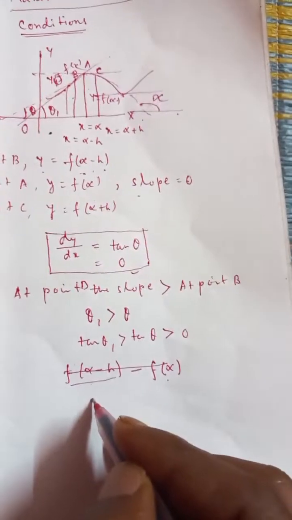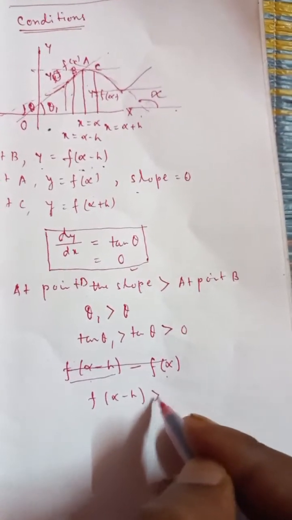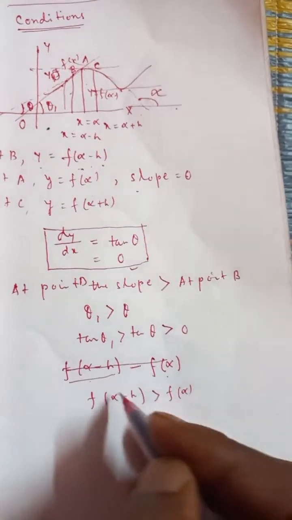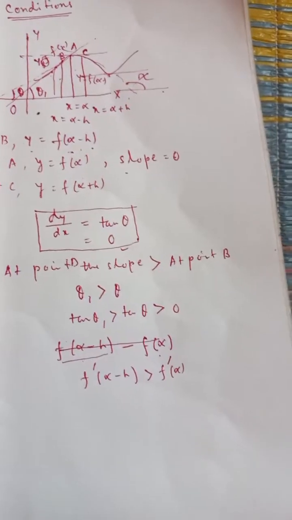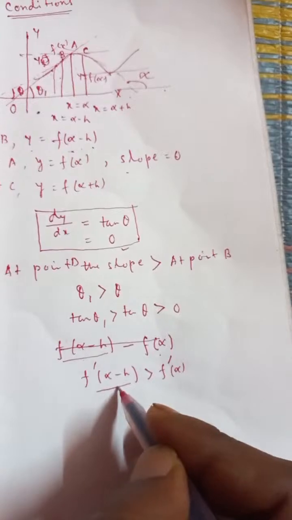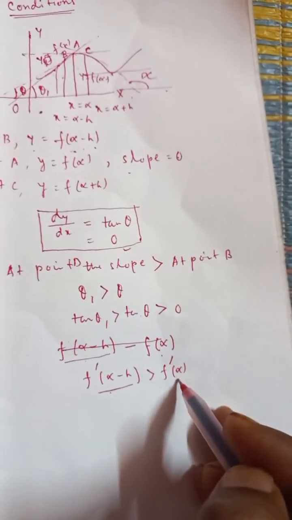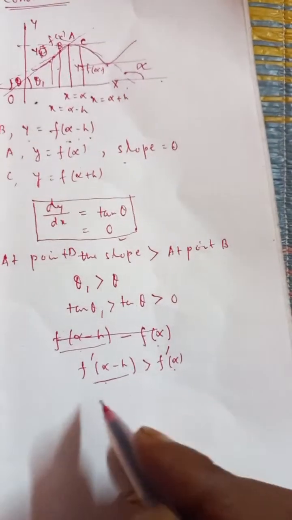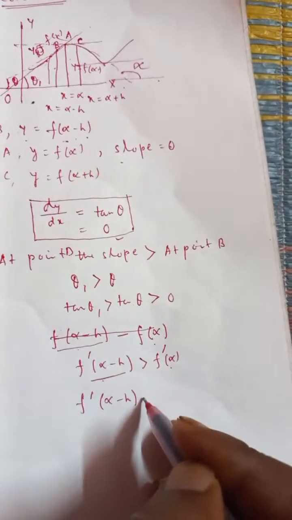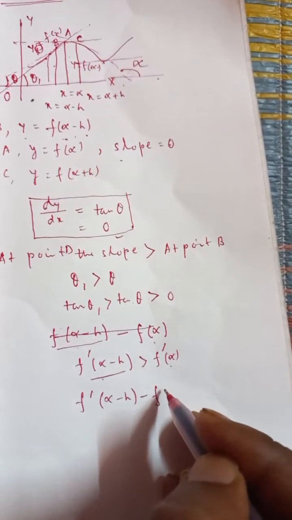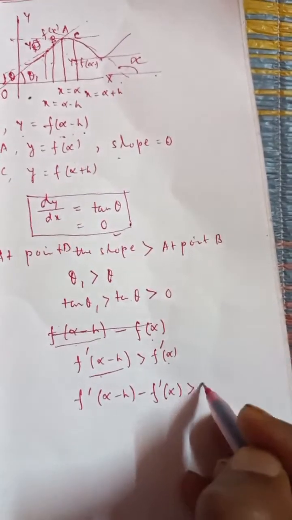So if f'(alpha minus h) is greater than f'(alpha), since the slope at the point A is greater than the slope at the point B, if we rearrange this, the first derivative of f at the point alpha minus h minus the first derivative of f at the point alpha is greater than 0.